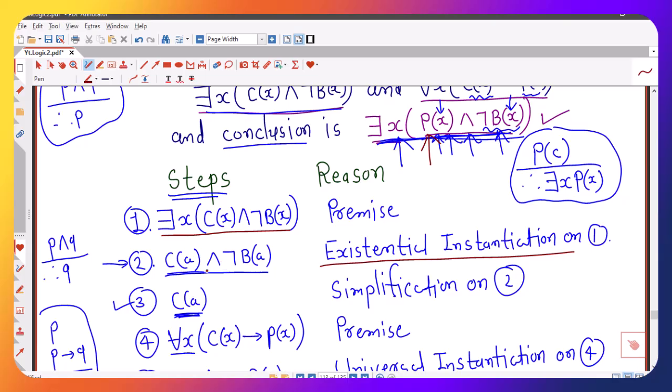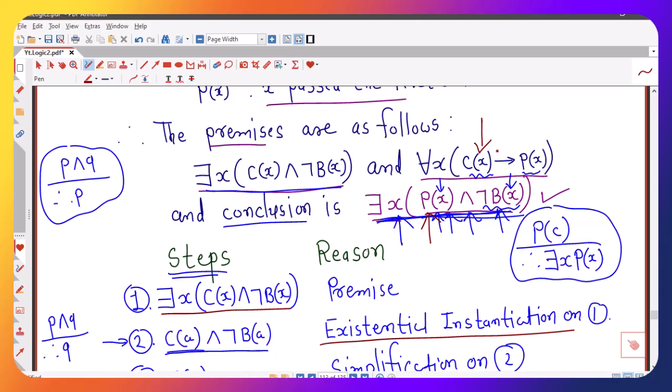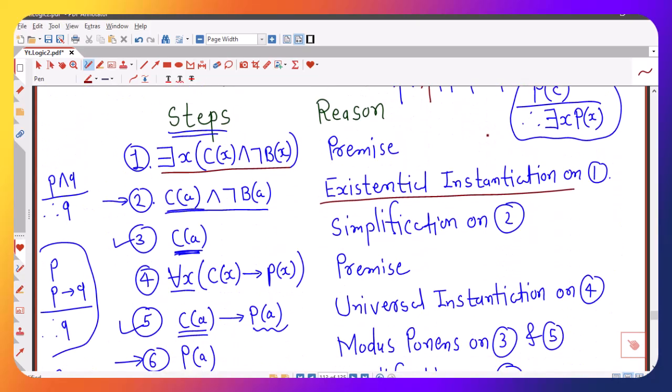Then using simplification we have written C of a here, because in the next step we have Cx here, so I want to use that. Therefore I have first applied simplification and I have written C of a here. Then I have written this premise, and because it is true for all x, it is true for a also, so I have used universal instantiation on step number 4.